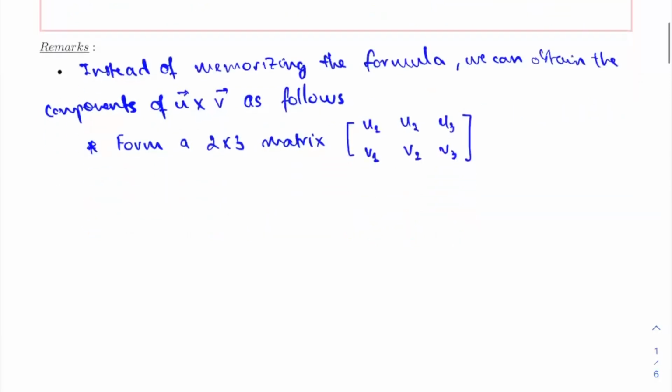After forming the 2x3 matrix, to get the first component of the cross product, you remove the first column and then take the determinant of the remaining matrix.